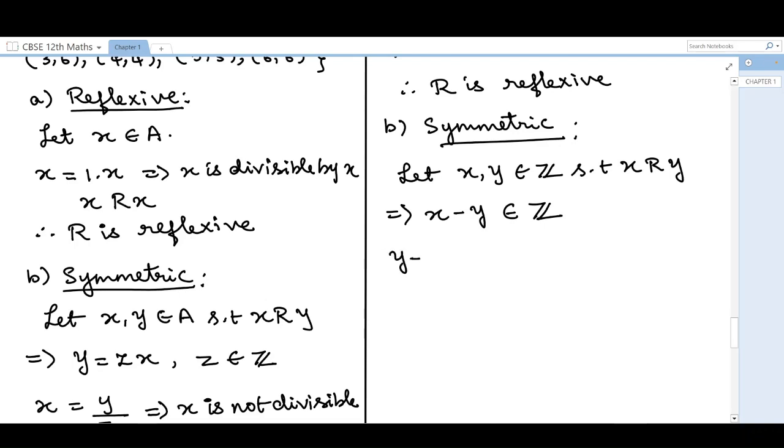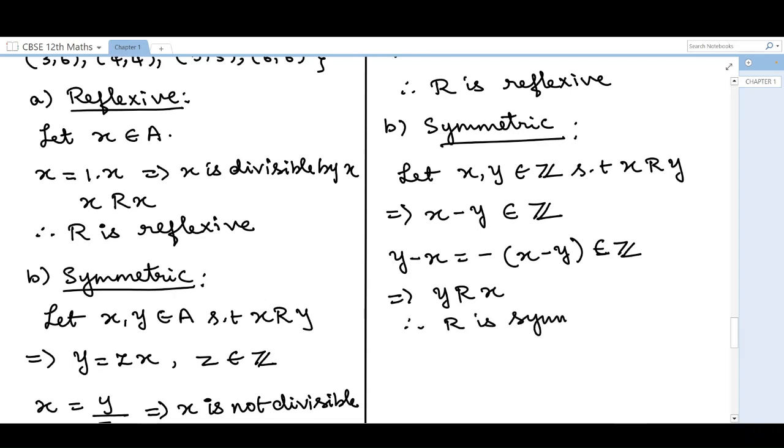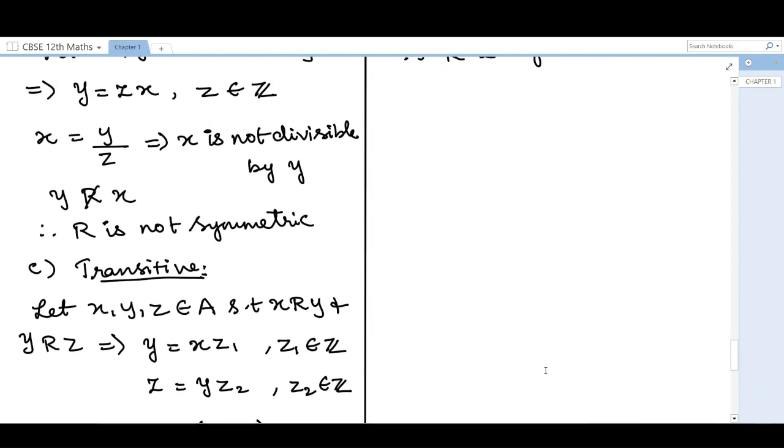So y minus x can be written as minus of (x minus y). We know that x minus y is an integer. So the negative of an integer is also an integer. Therefore, we can say minus of (x minus y) is also an integer. So thus, what we have concluded is y is related to x. Therefore, R is symmetric.